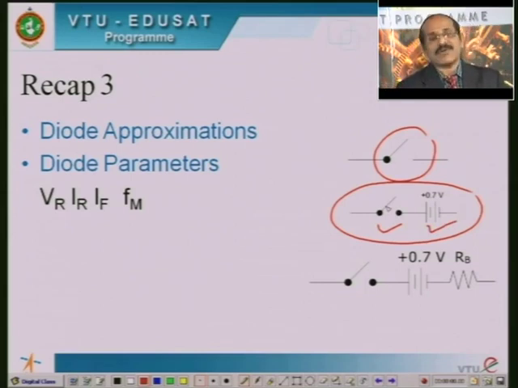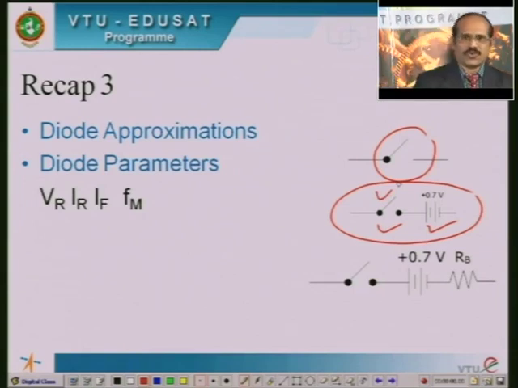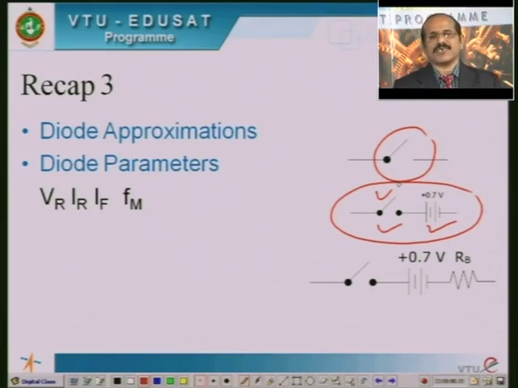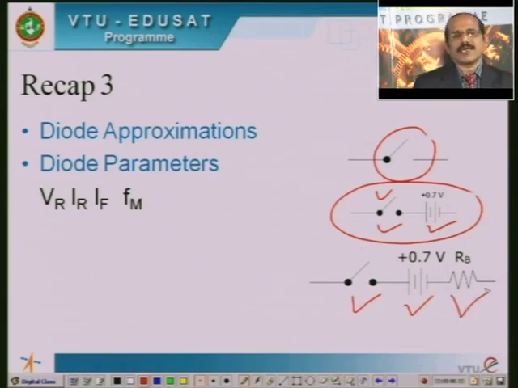Whenever the diode is forward bias, the switch will be closed, in series with the 0.7 volts battery, and if the diode is reverse bias, the switch will be open. This approximation is mainly used to find the load voltage and the load current, whereas in the third diode approximation, the diode is represented by the switch in series with the 0.7 volts drop and in series with the bulk resistance.